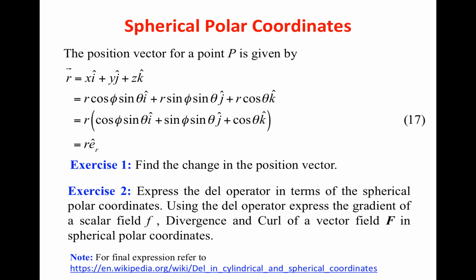So, let us see what the position vector will be in terms of the spherical polar coordinates. The position vector for a point P in Cartesian coordinates is x i plus y j plus z k. Replace x, y, z by the spherical polar coordinates, combine the terms, and what we get is a simple term, which was to be expected.